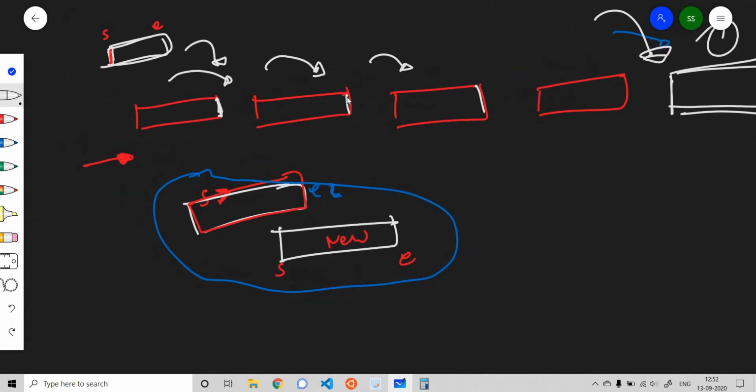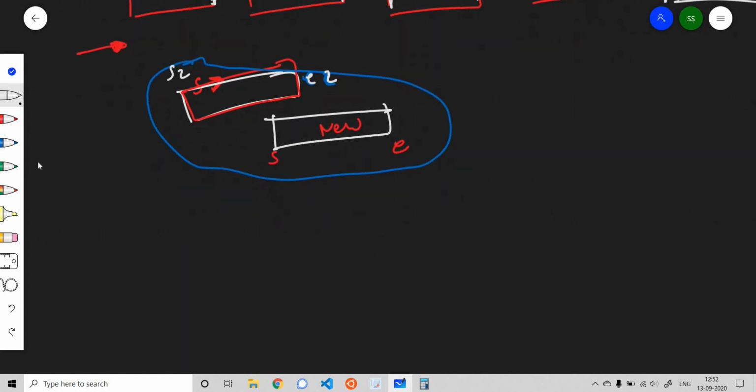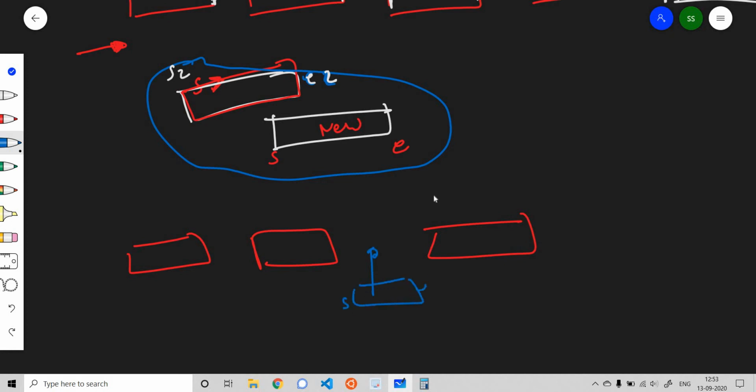Now for the second case, suppose we have found one case where not only the ending point of our given interval is greater than S, but the starting point of that interval is also greater than S. What I mean is, suppose this was the list of intervals already given, and I reached this place and I see that this starting point S2 is greater than E, and even this E1 is greater than S. It means I need to insert it in between these two intervals.